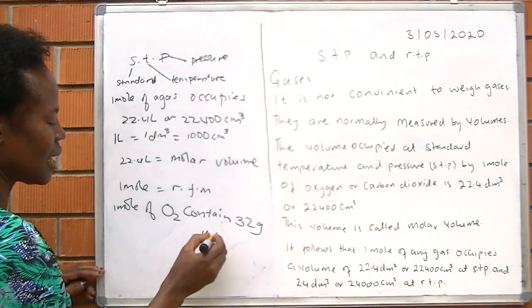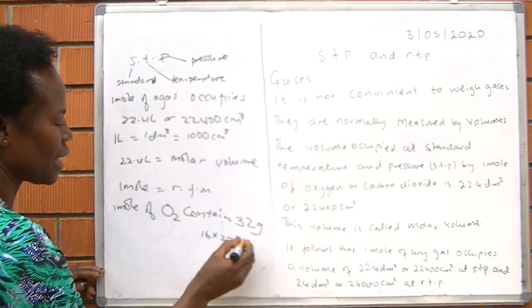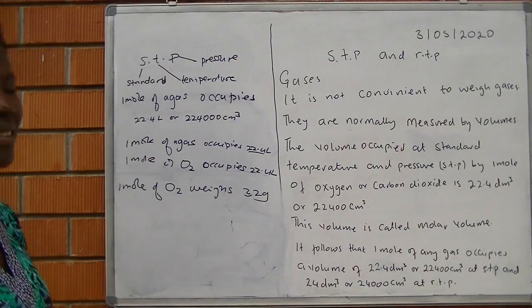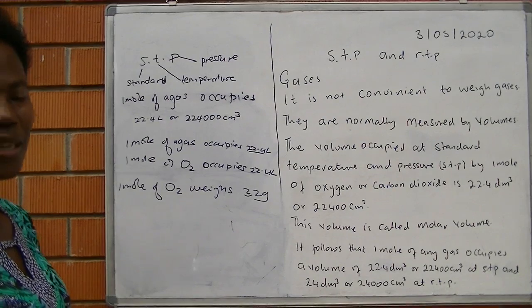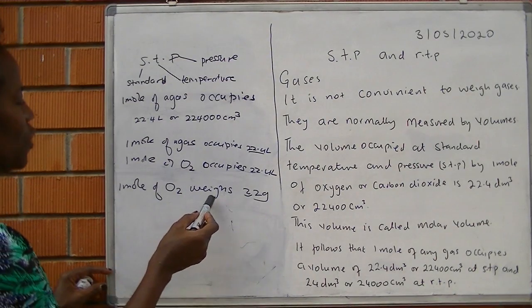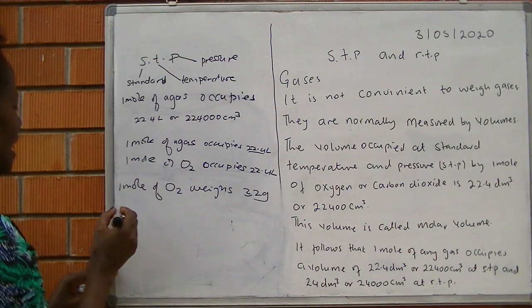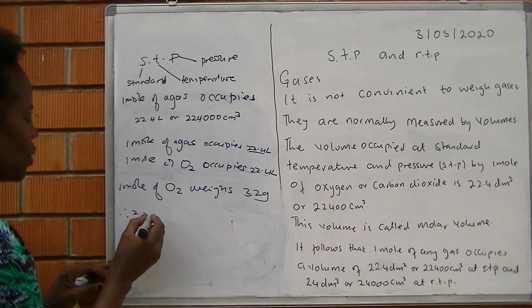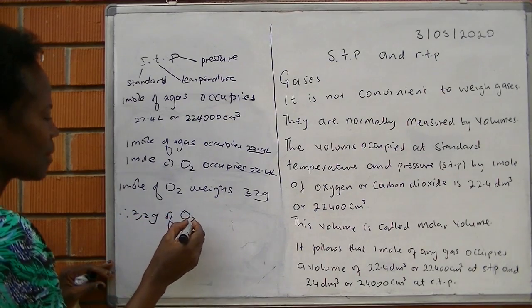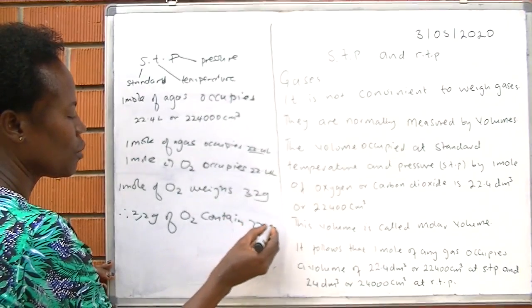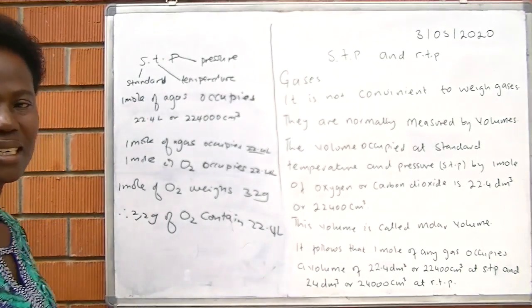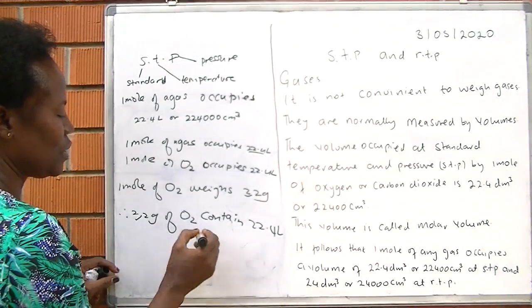Because 16 times 2 is equal to 32. Since 1 mole of oxygen occupies 22.4 liters and 1 mole of oxygen weighs 32 grams, therefore 32 grams of oxygen contain 22.4 liters at STP.